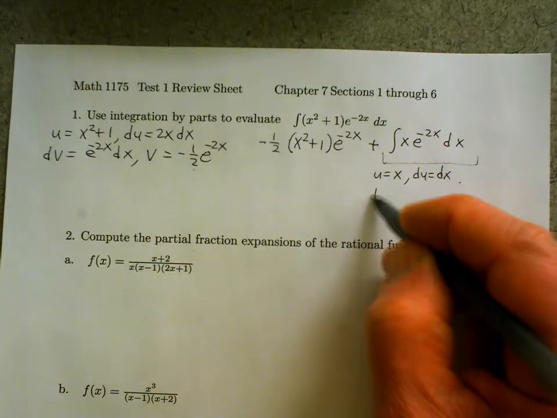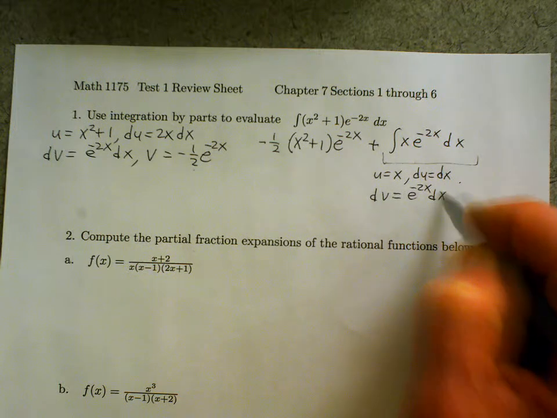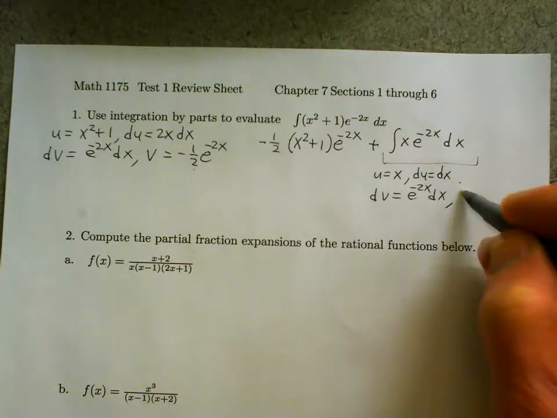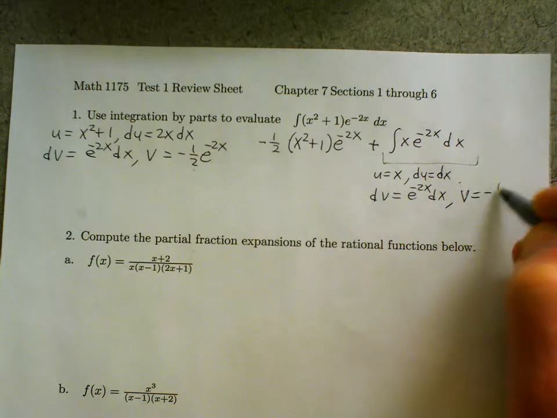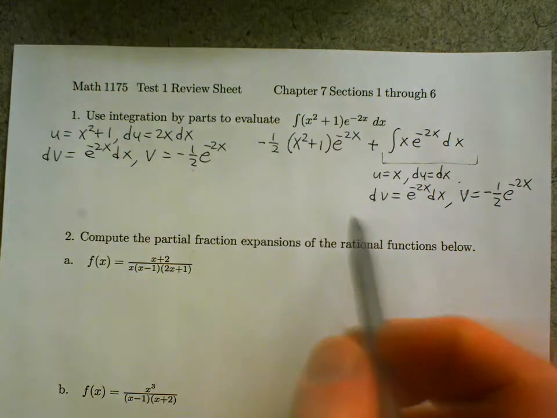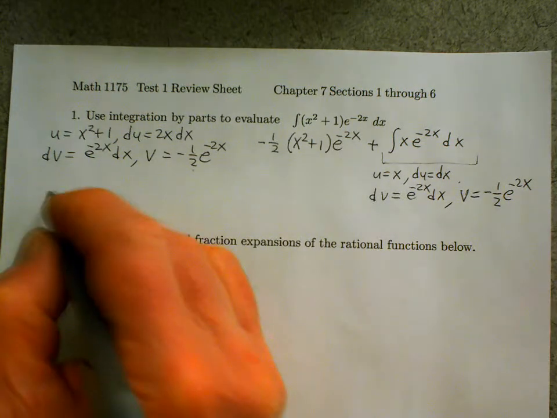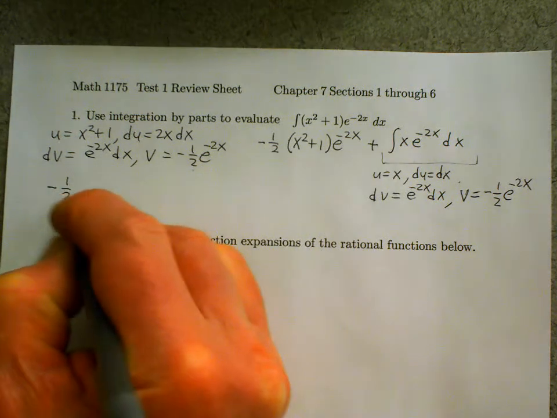And if dv is e to the negative 2x dx, then v is negative 1/2 e to the negative 2x. So it looks like we're going to do this one pretty much to its completion.